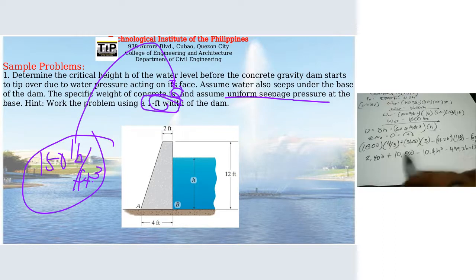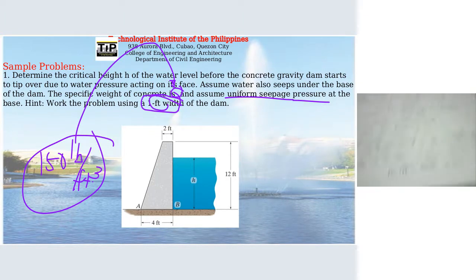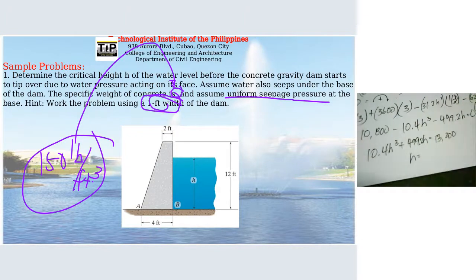So we have a cubic equation. Okay. Now let us rearrange this. Okay. One equation, one unknown. What is the answer? What is H? You can use shift solve to answer.